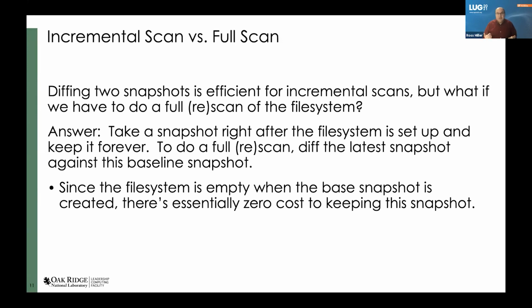That gives you all of the changes since you originally set up the file system. So that seems to be a pretty easy way to go, as long as you think in advance and actually create that snapshot. Since the file system is empty when you create this base snapshot, of course, there's basically 0 cost to keeping it around.